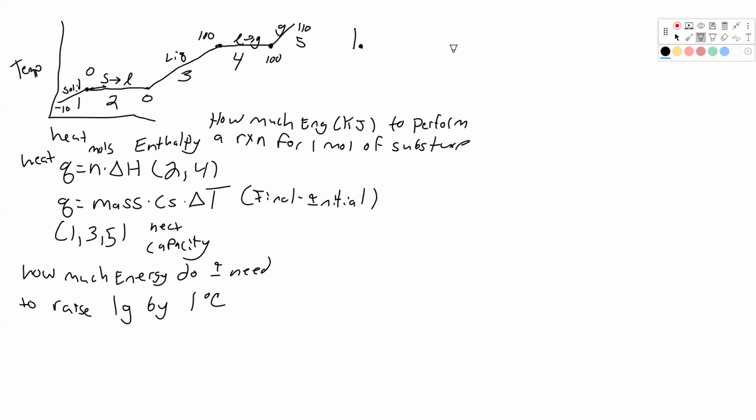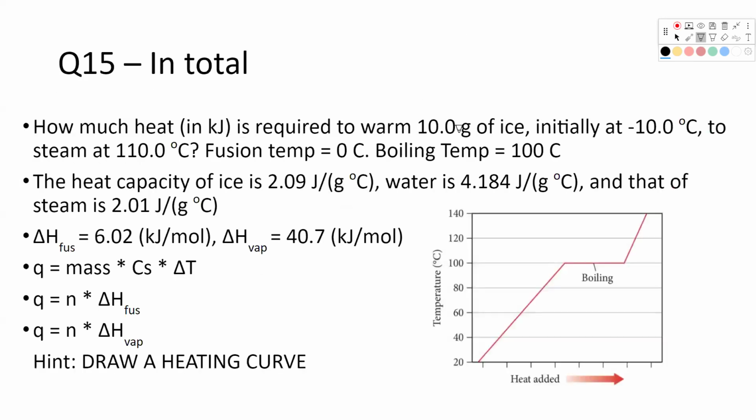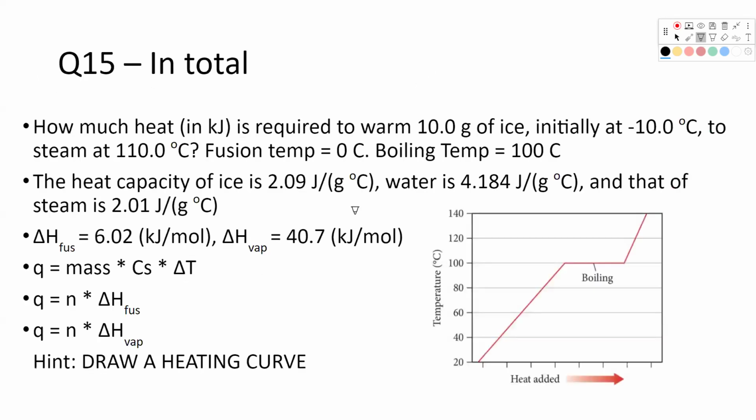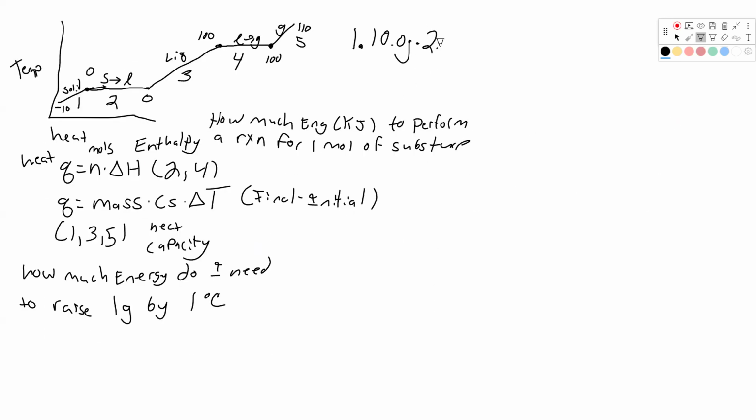So segment 1, Q equals mass. Going back to the previous problem, the mass is 10 grams, multiplied by the heat capacity of ice, 2.09 joules per gram Celsius, multiplied by delta T. Our final temperature for ice is 0 minus our initial temperature, which was -10.